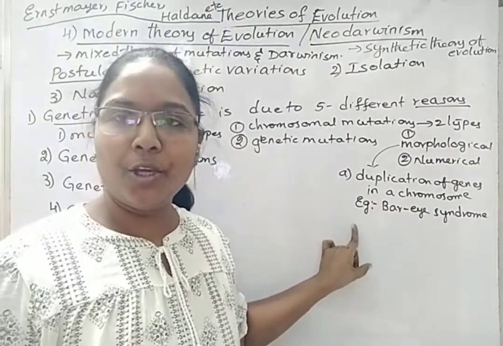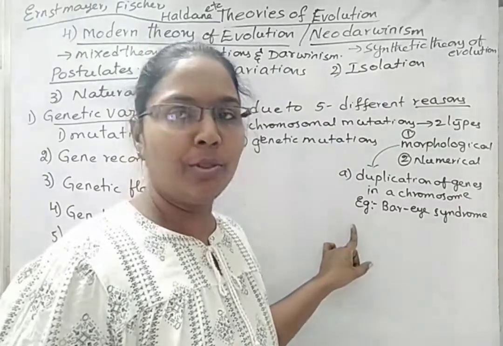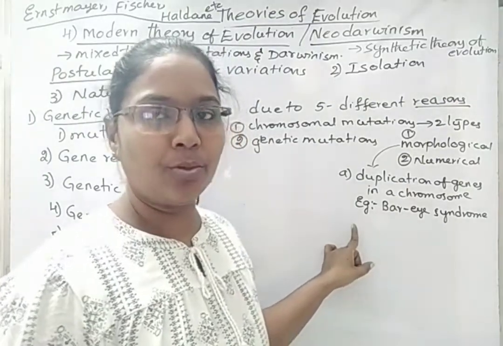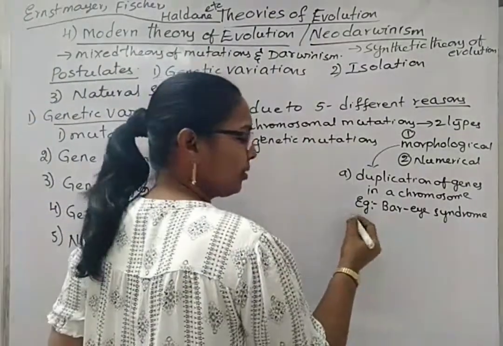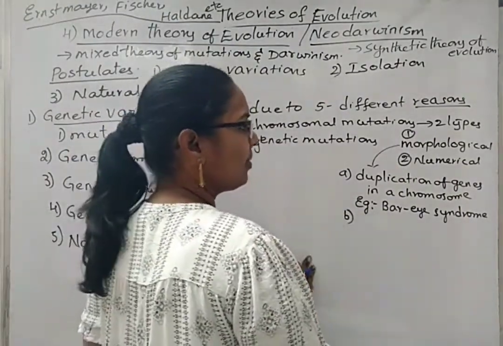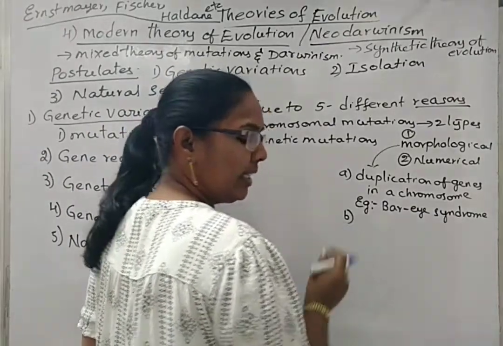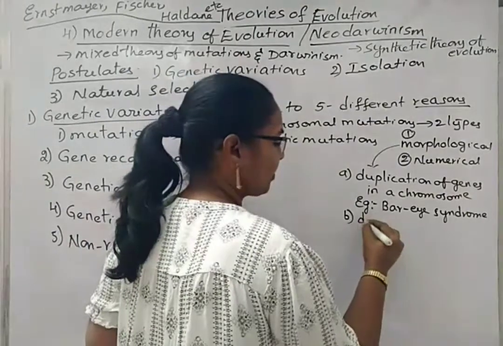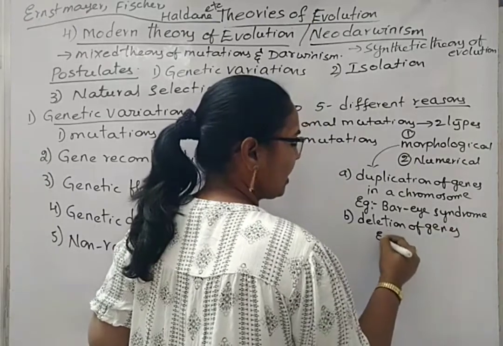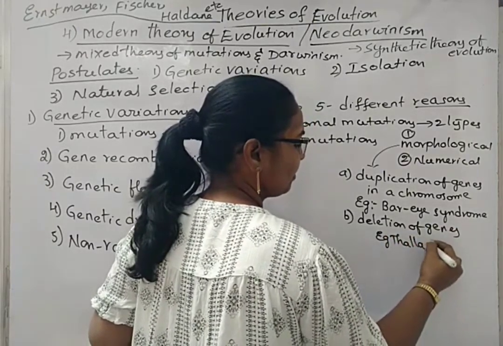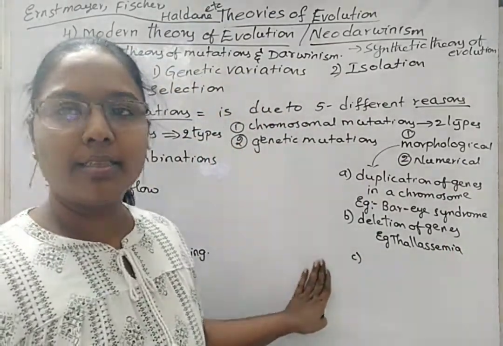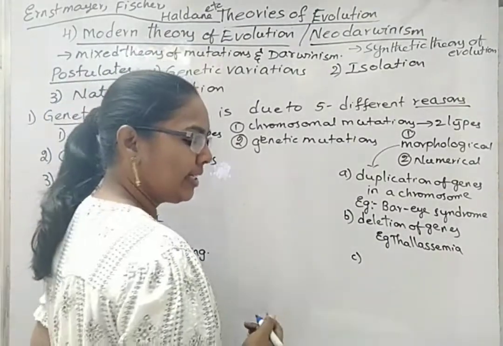For disorders or changes in the genes, if any mutation has occurred, then we should not use a term like disease, we should use a term like syndrome. Diseases are because of pathogens like viruses, bacteria, some nematodes, etc. Another type of morphological mutation can be due to deletion of genes within a chromosome. Here we can take an example like thalassemia. Detailed explanation of all these disorders is given in the Principles of Inheritance chapter.